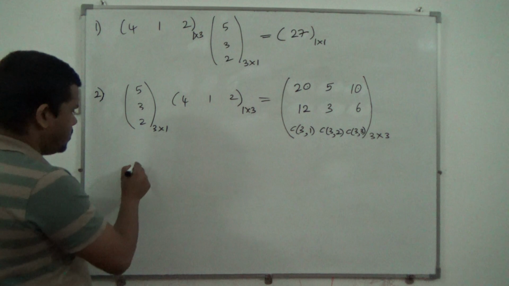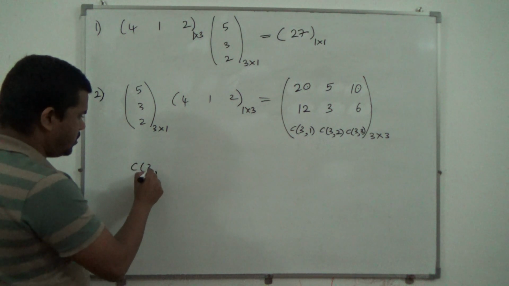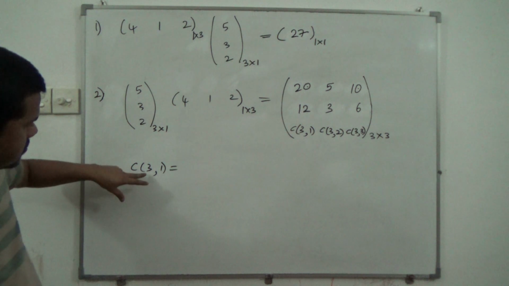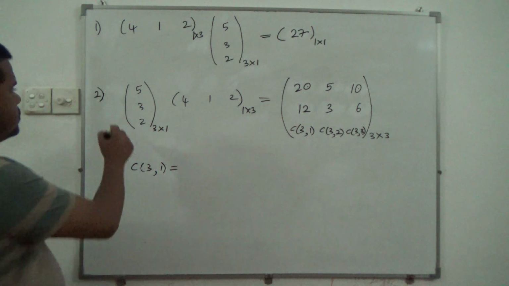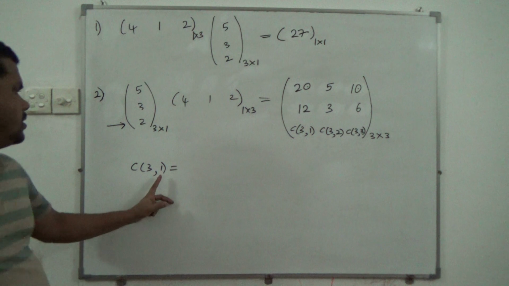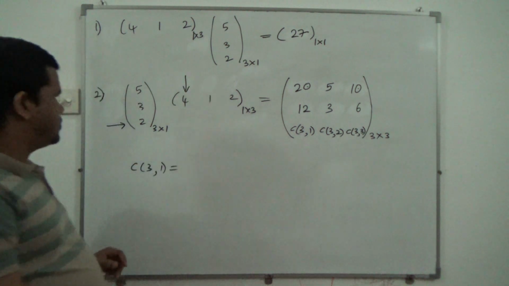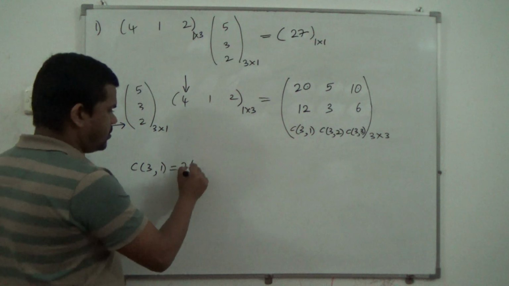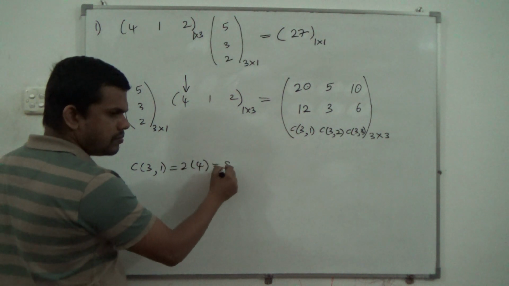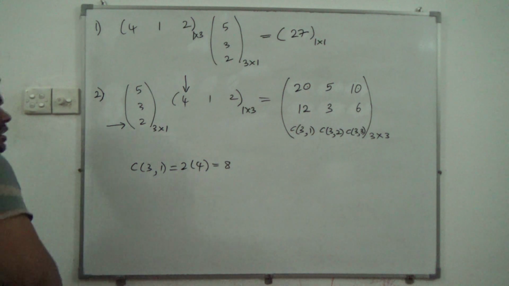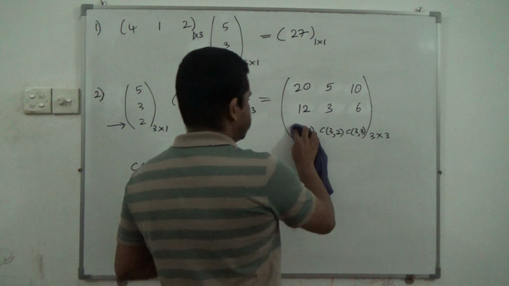Now C3,1. In the first matrix, row number is 3. In the second matrix, column number is 1. 2 into 4, 8. So here the answer is 8.